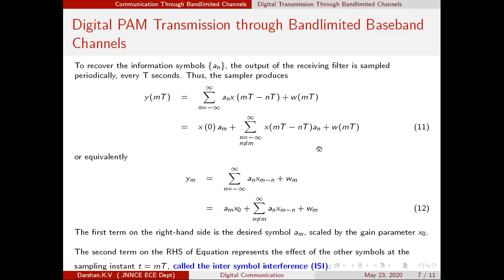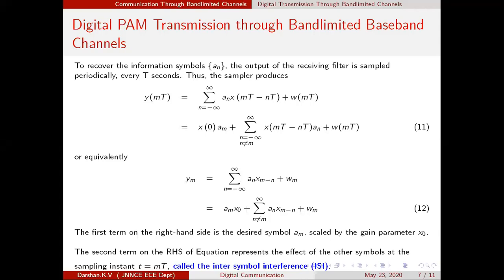These unwanted symbols are called the inter-symbol interference components. So collectively, we will say that this second term will cause the distortion, this second term is unwanted, and it is called the inter-symbol interference components.